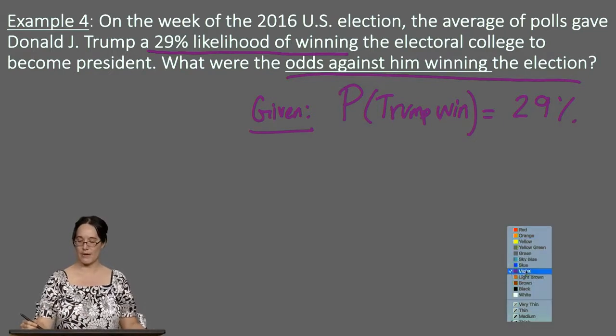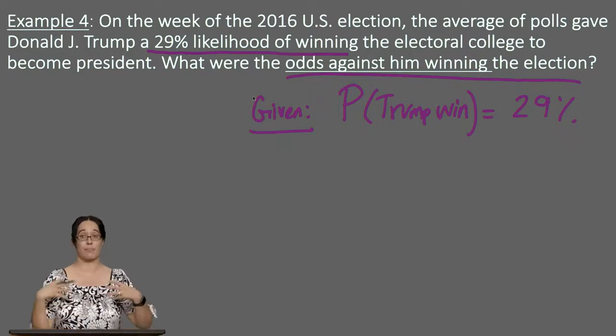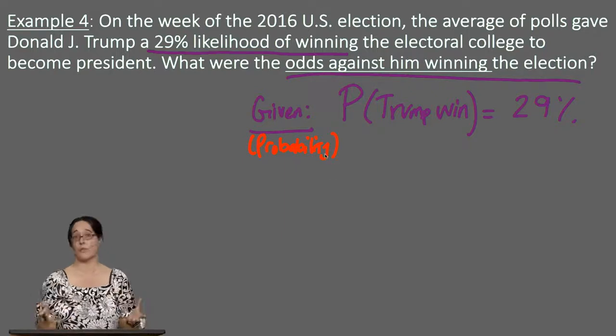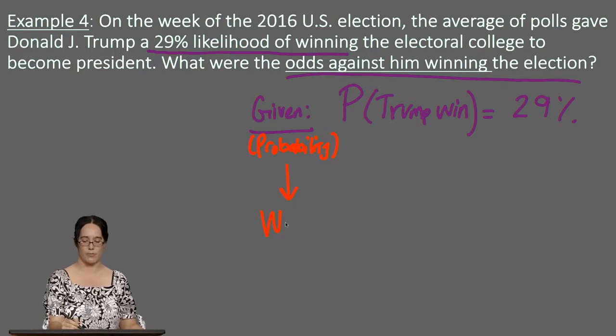They're asking you to go from a percent, which was a probability, right? So you're given a probability as a percentage. They could have also given this to you as a fraction or a decimal, so keep that in mind. They would like you to turn this into an odds problem. So they want odds against.